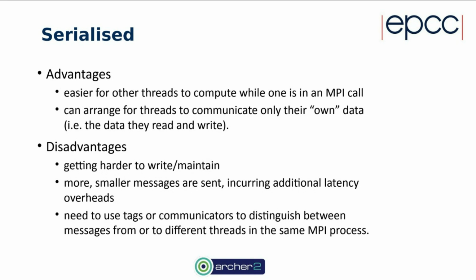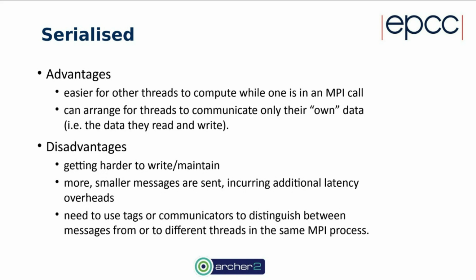Downside, well, this is getting harder to write and maintain. It's more complicated. We have to take care of all the synchronization. It also means that we are probably splitting up our communications into more but smaller messages. And that may incur some additional latency overheads. Okay?